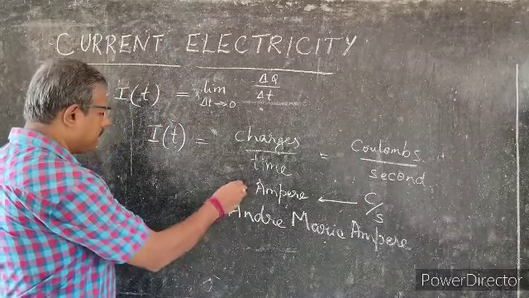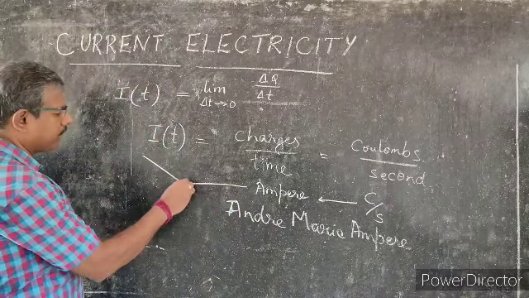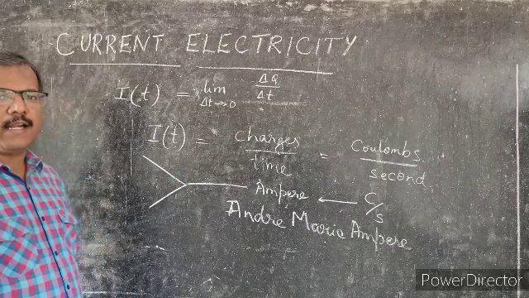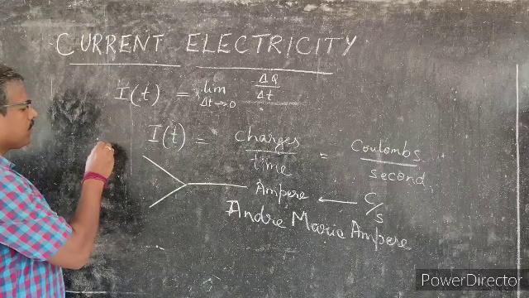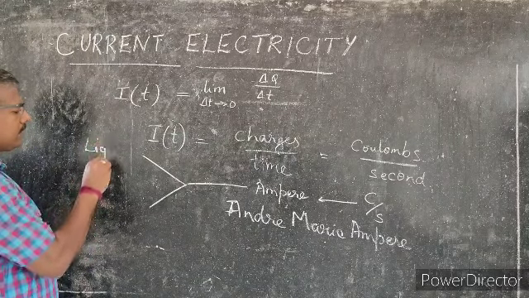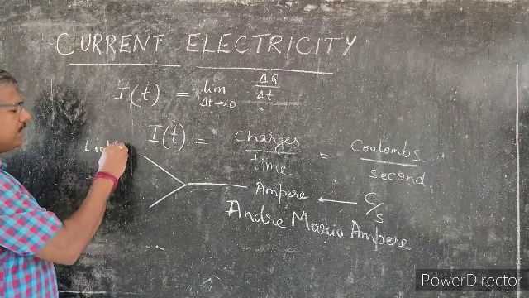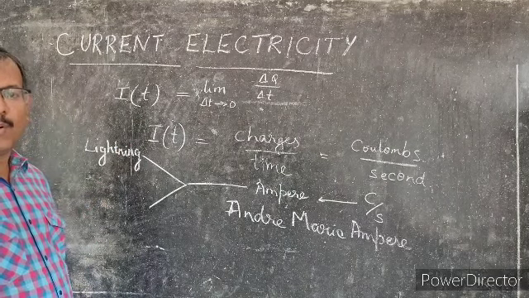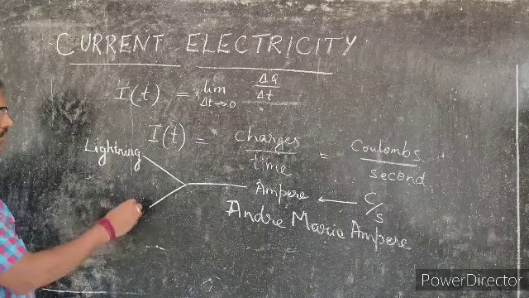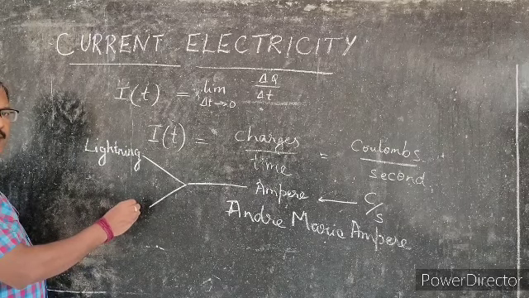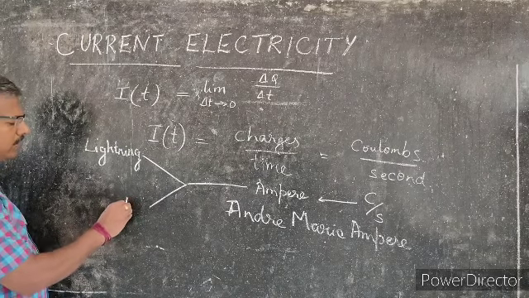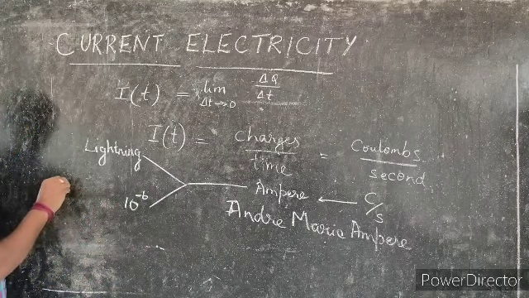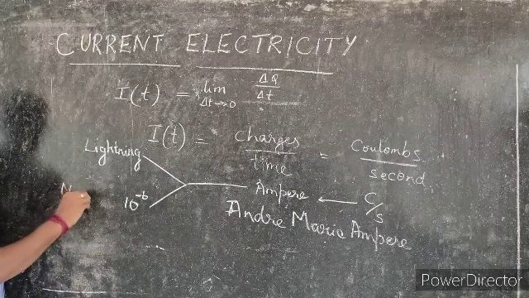Now, current can range across several hundreds and thousands of amperes, as is the case when lightning bolts are seen during a thunderstorm, or it can range to microamperes in the case of nerve impulses.